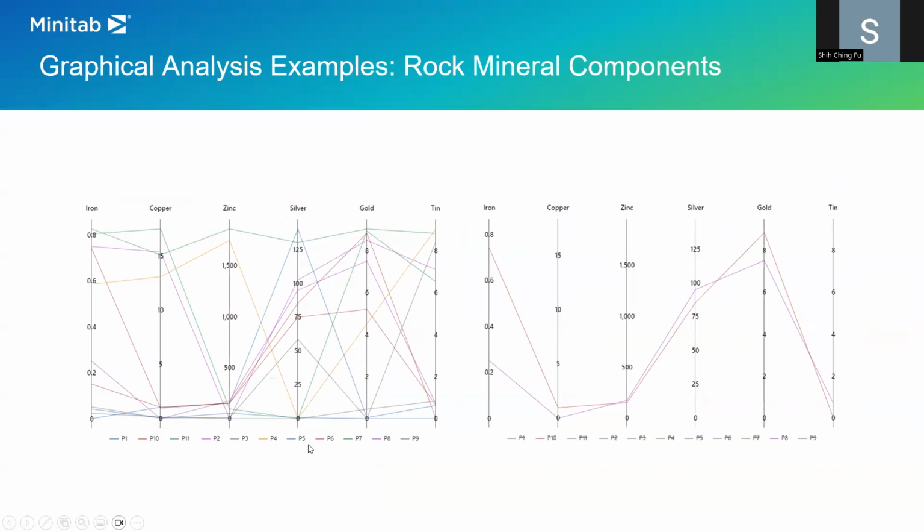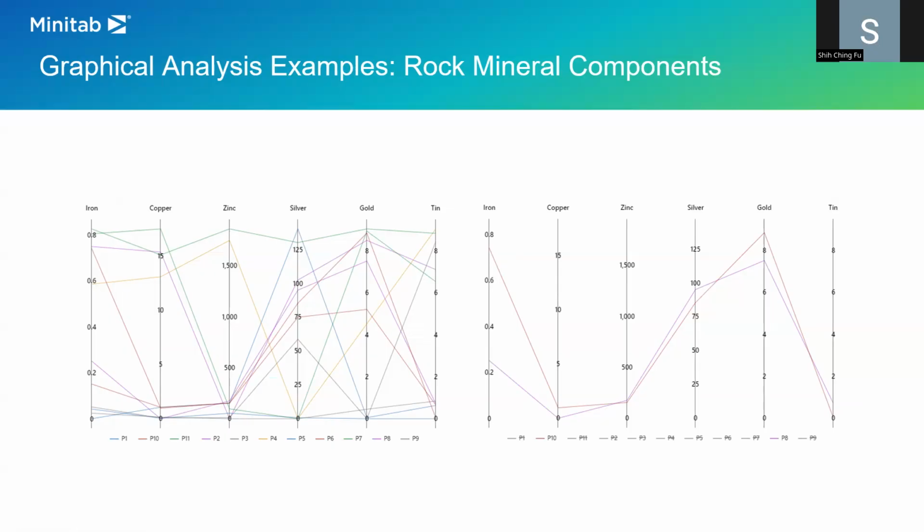I can find out. So in this case, it looks like P10, which is location 10, and location 8, are pretty similar, except the iron. But I have limited knowledge in mining, right?